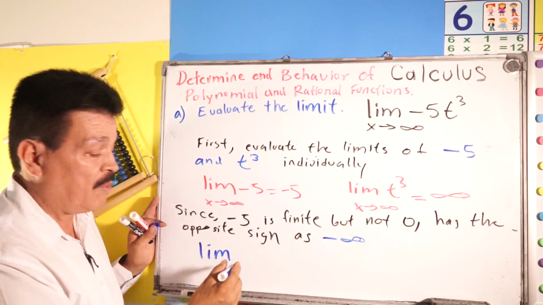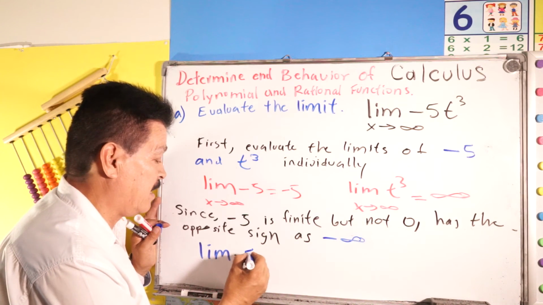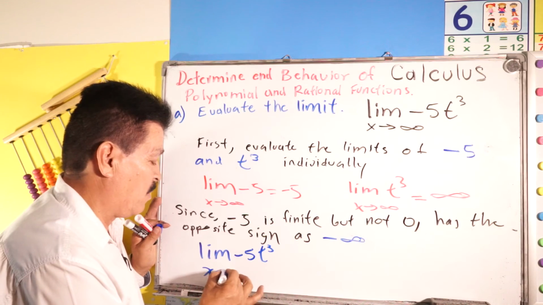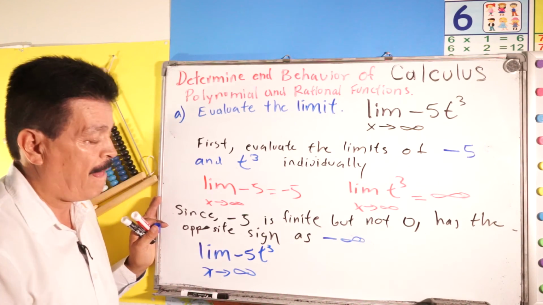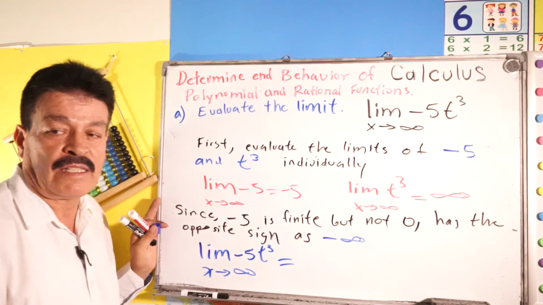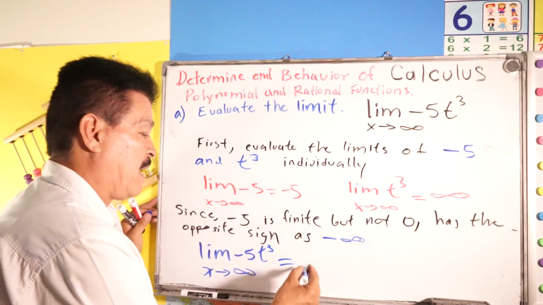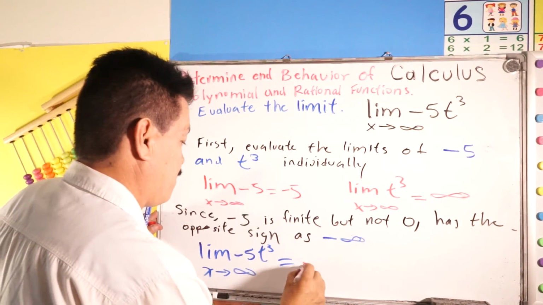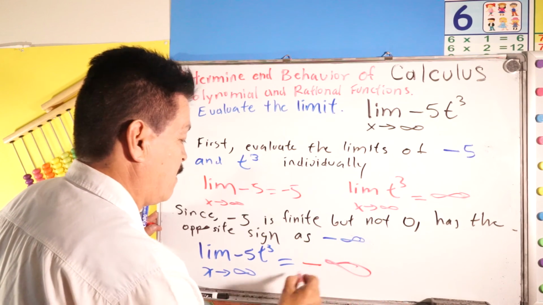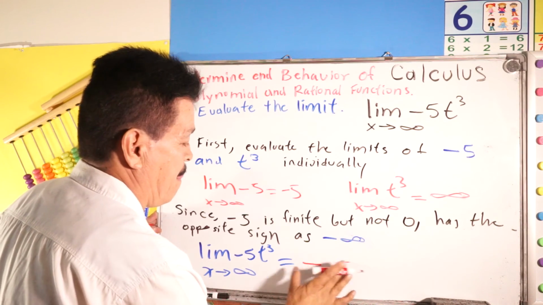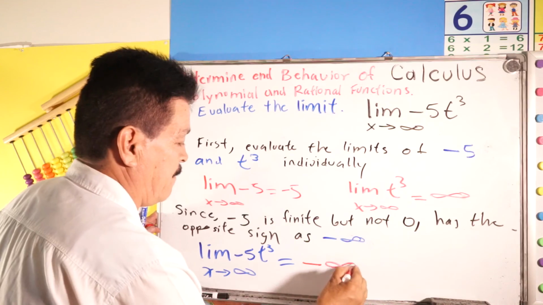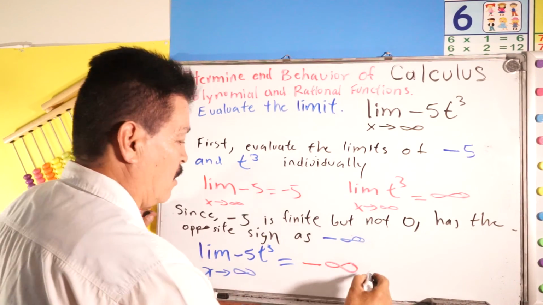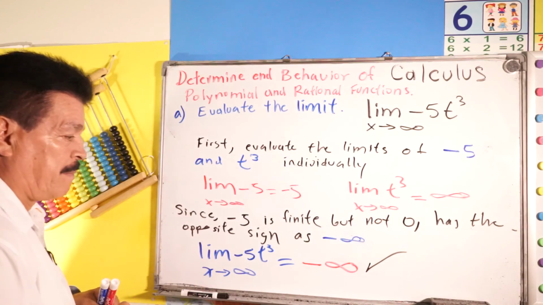In this example, the limit of negative 5 x to the third power when x approaches infinity is negative infinity. This is the solution to our problem.